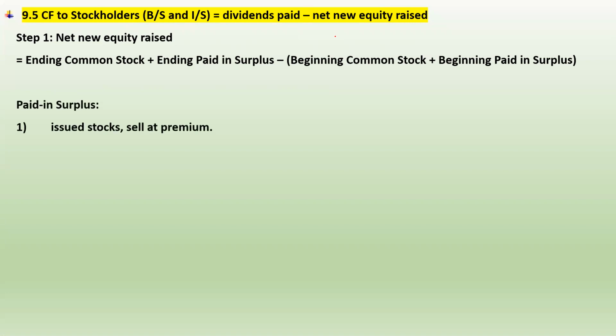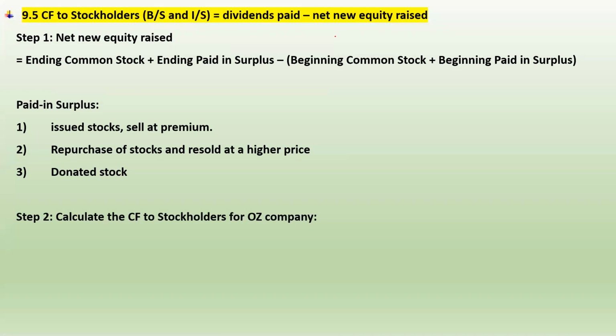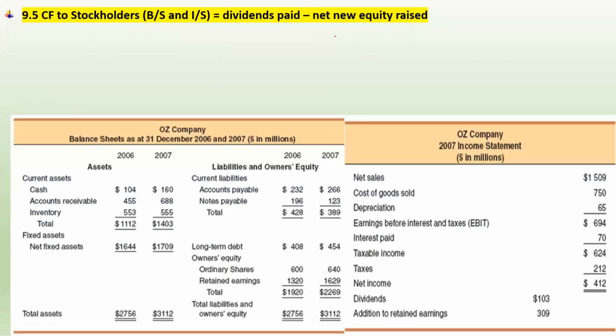Paid-in surplus comes from stock first issued at a premium, repurchased stocks resold at a higher price, and donated stocks. Those are in the paid-in surplus account. So for the OZ firm, the ordinary shares are the common stock, and we do not see a paid-in surplus account, so it doesn't have any paid-in surplus.